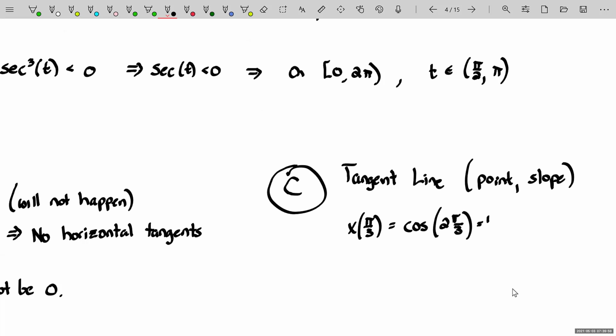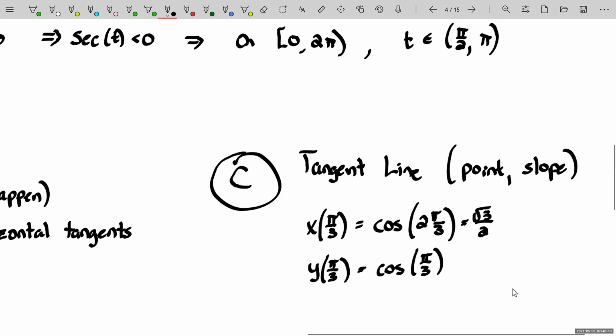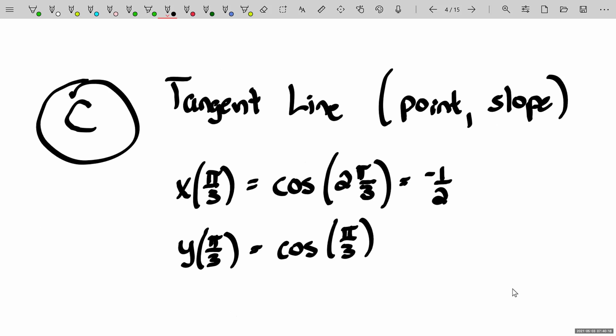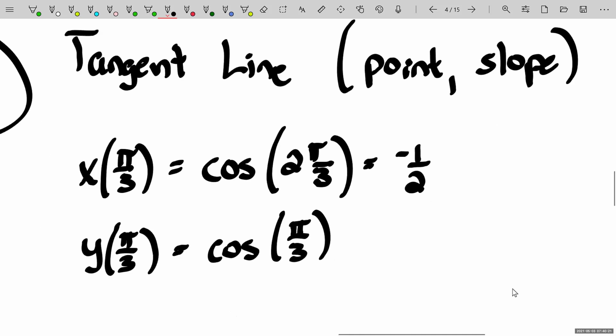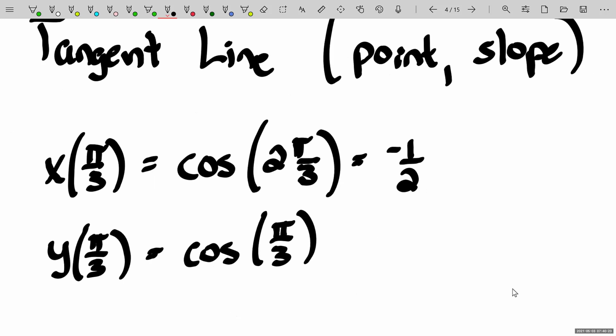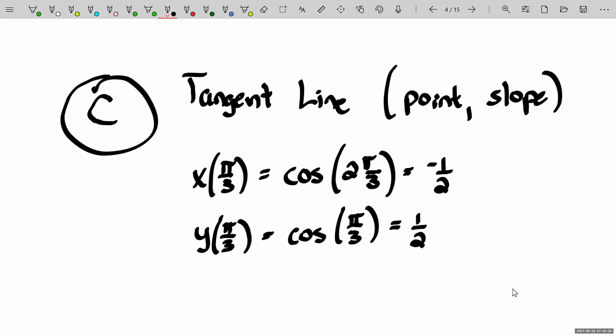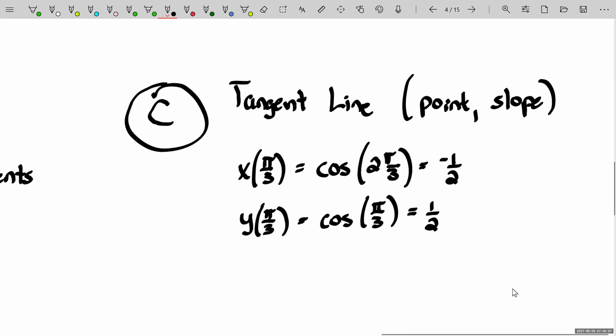Wait, did I write twice pi over 3 is root 3 over 2? It's not. It's negative 1/2. I was thinking pi over 6 for some reason. Twice pi over 3 is 2 pi over 3, and that would be negative 1/2 for the cosine, and a positive 1/2 for y, the regular old cosine of pi over 3. Sorry about that. So we got the point. It's at negative 1/2, positive 1/2.